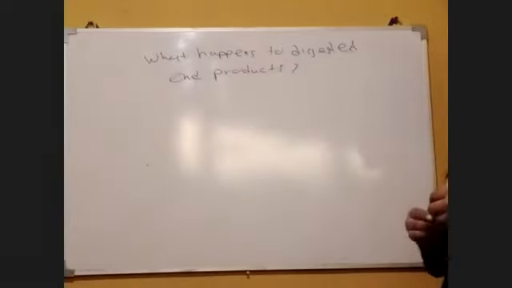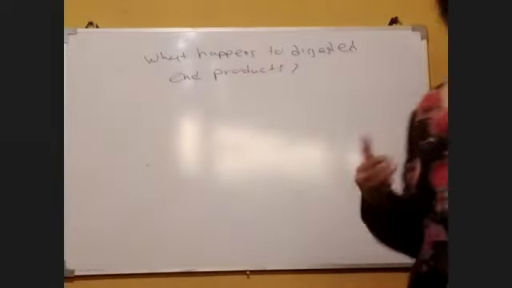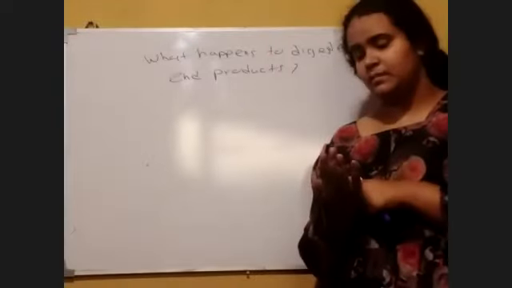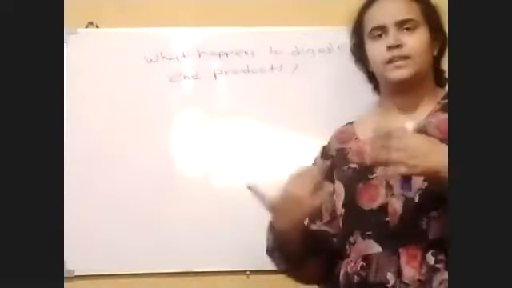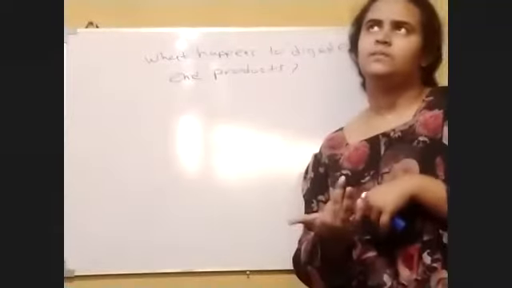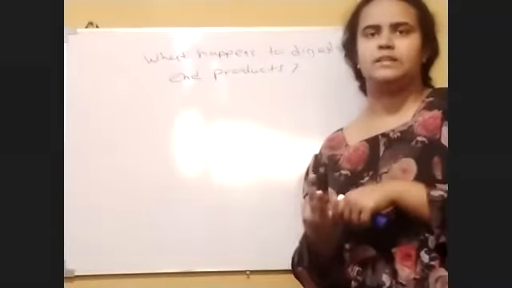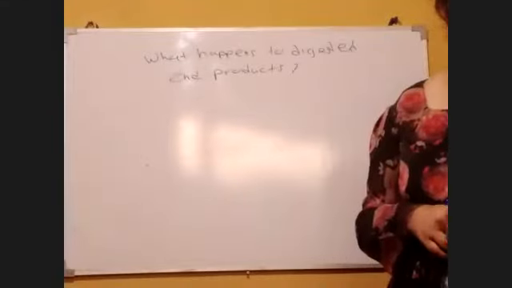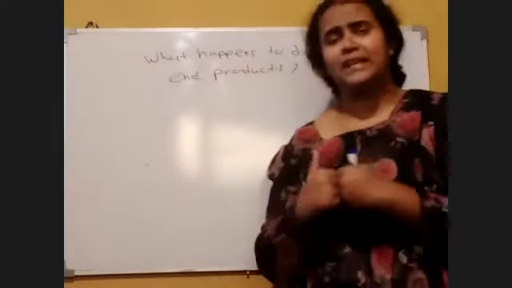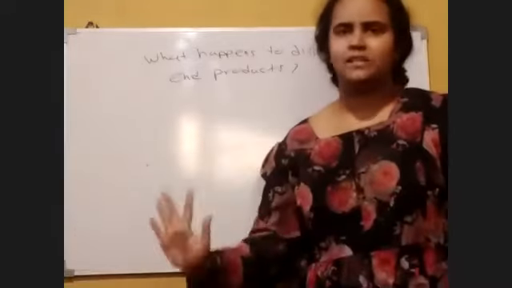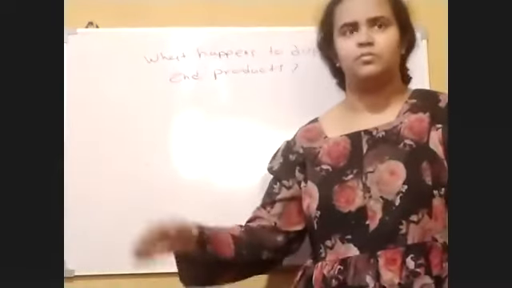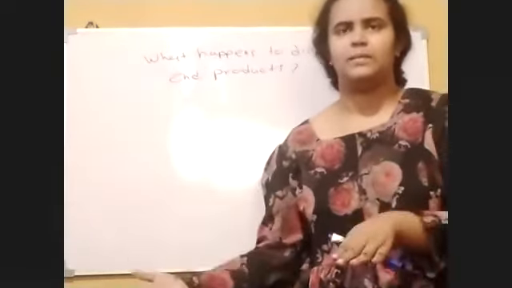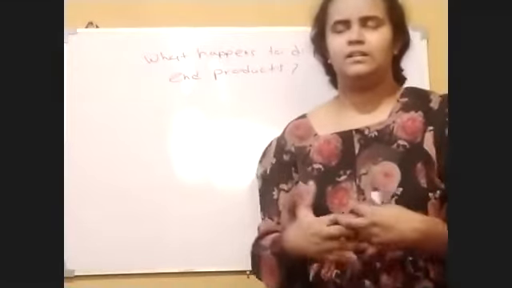We are going to see the digested end products: monosaccharides like glucose from carbohydrates, amino acids from proteins, and glycerol and fatty acids from lipids. Okay, so that we then absorb them.